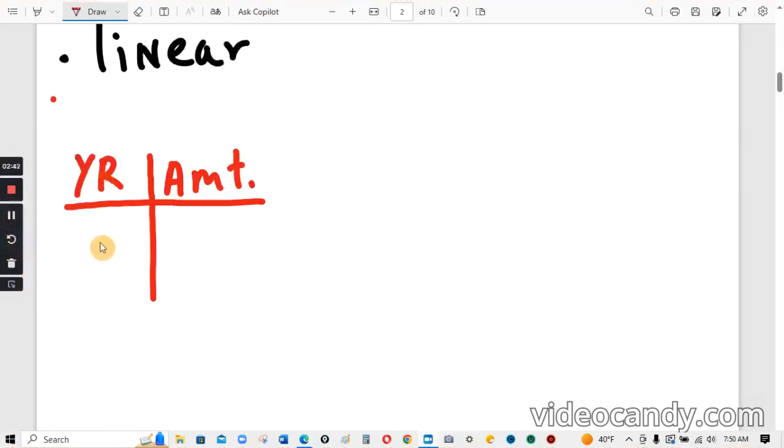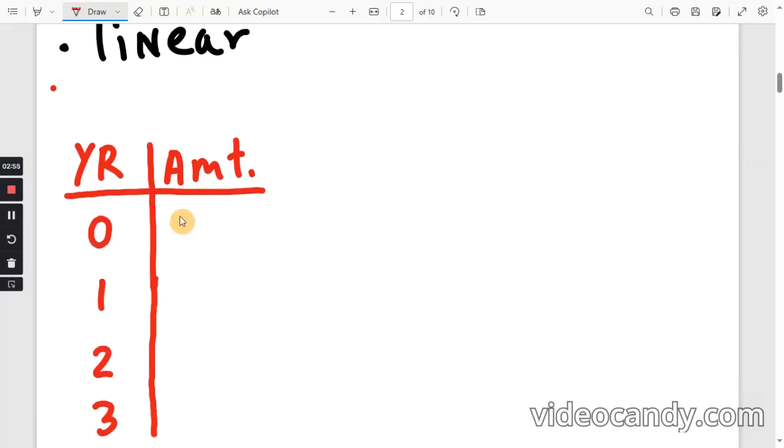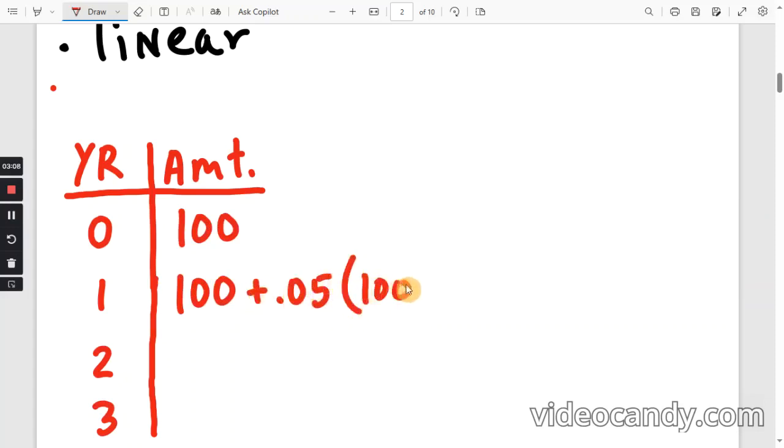All right, so this is the year. We'll start at year 0, 1, 2, 3. In year 0, the initial amount is $100. Okay, and then the next year we take $100 and we add 5% of 100. And that equals 105.